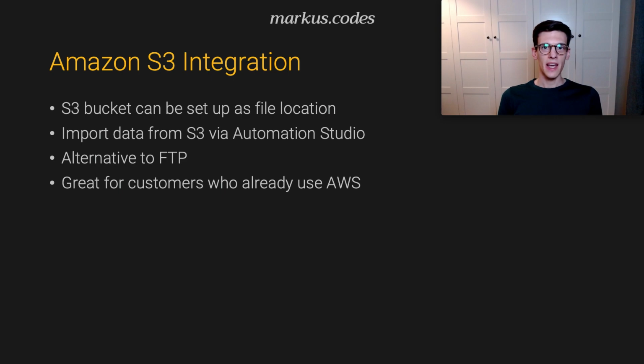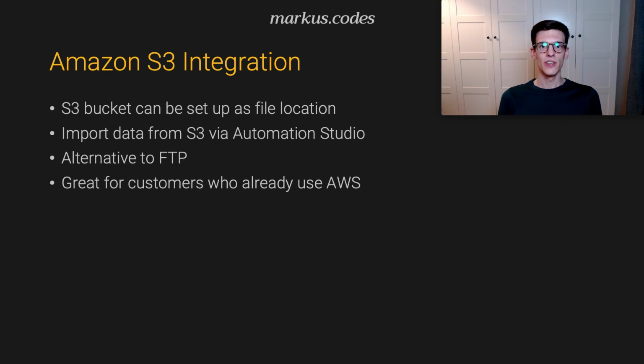The next thing I'm going to talk about is the Amazon S3 integration. As you might already think, it's an integration that can be done via the file locations, so just like you would set up an additional FTP location.